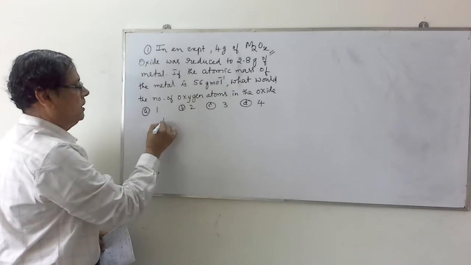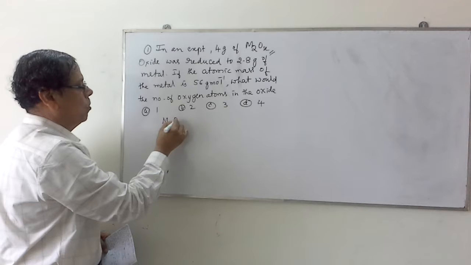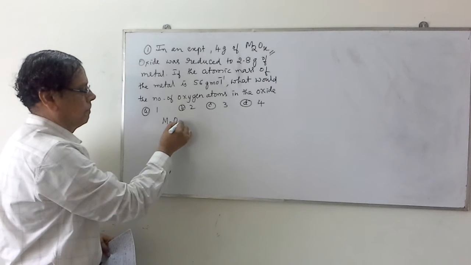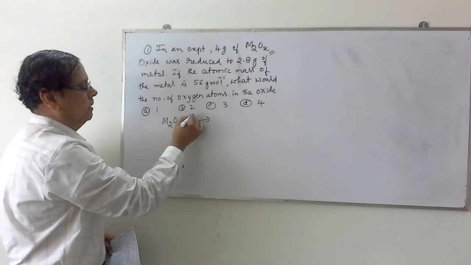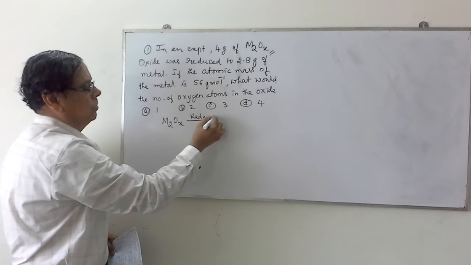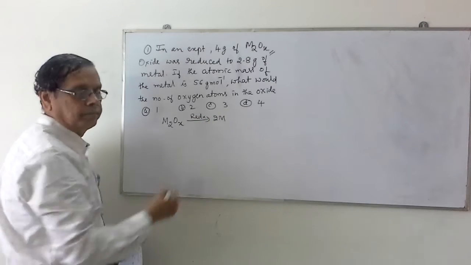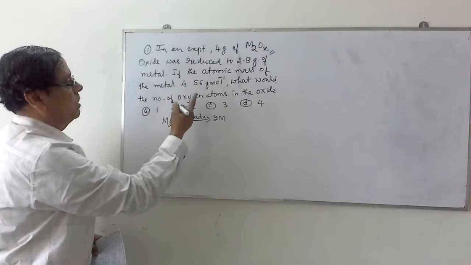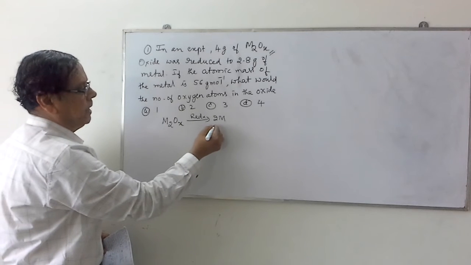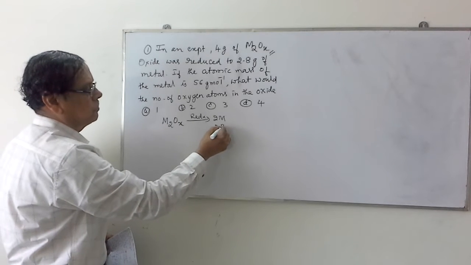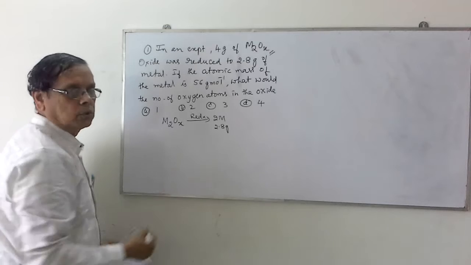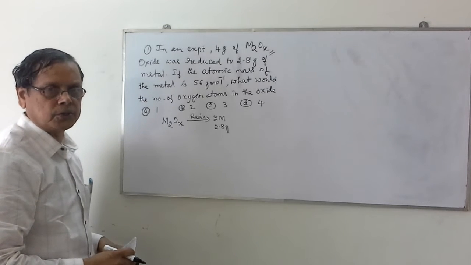Okay, let us write the reaction. M2OX on reduction will give rise to 2 metal atoms, so 2.8 grams of metal is produced.